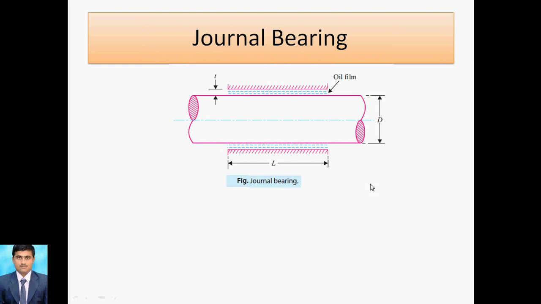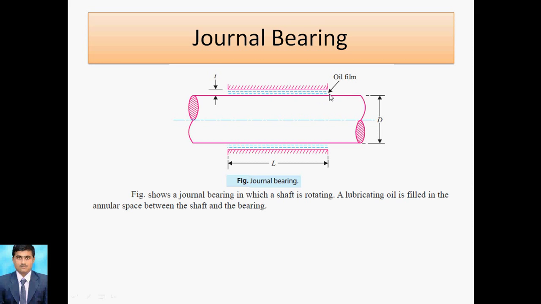Here the shaft is mounted inside the sleeve, and in between is the oil film. Whenever the shaft rotates, friction will be less because of this oil film. This figure shows a journal bearing, in which the shaft is rotating and the sleeve is stationary.